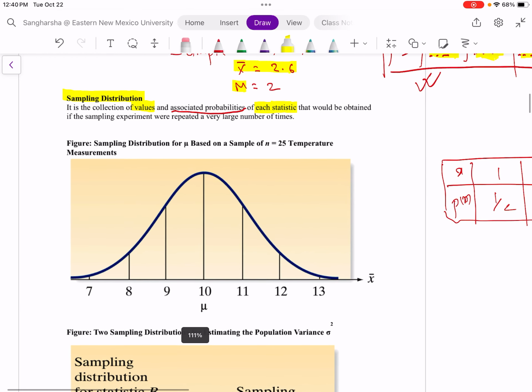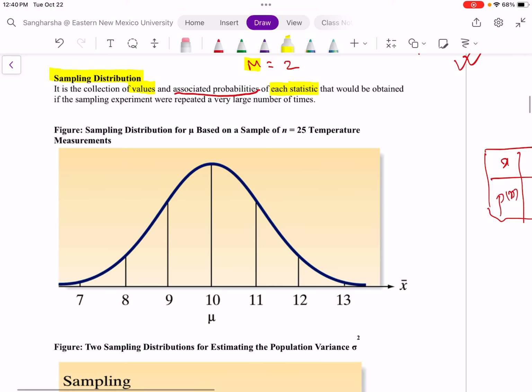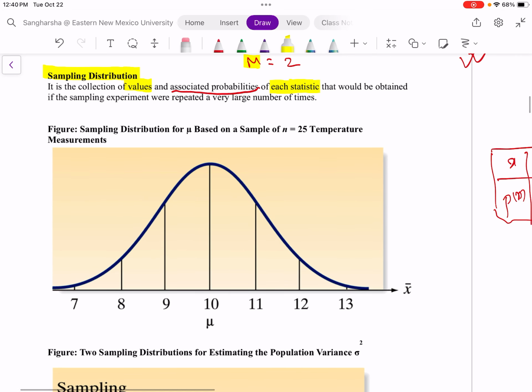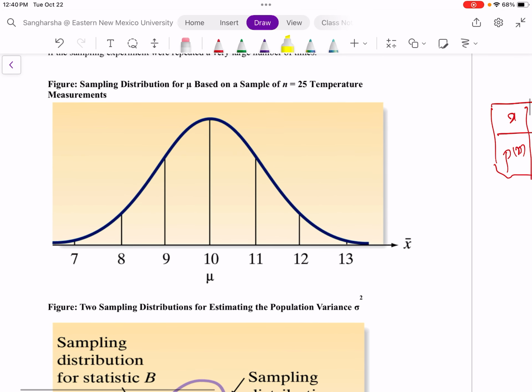Now next, this picture. Who can tell me, is it a sampling distribution or a continuous probability distribution? What is the key here?